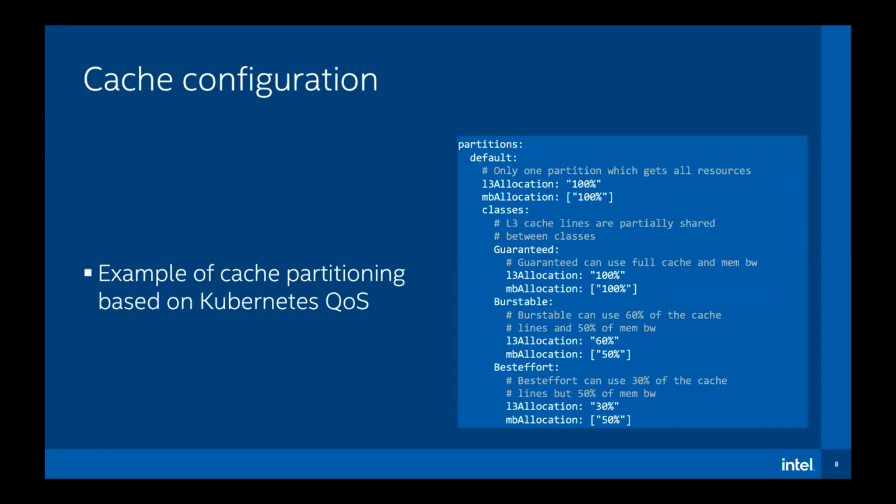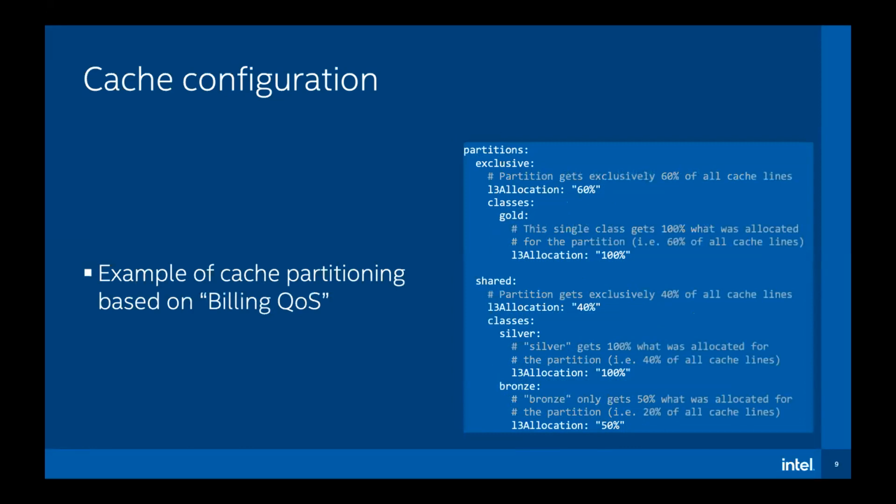Then the next example, just about the configuration, is a kind of billing QoS example, which could be user-assignable classes.